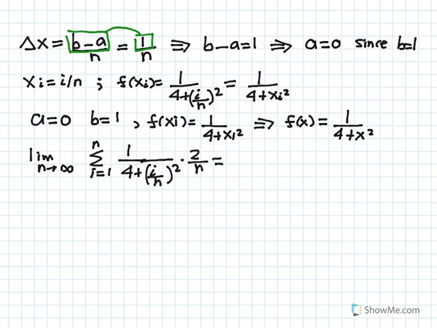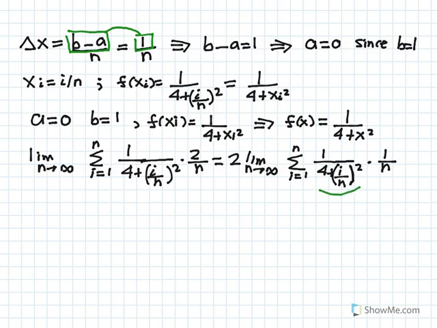If we factor out the 2, we get 2 times the limit as n goes to infinity, i goes from 1 to n, of 1 over 4 plus (i over n) squared times 1 over n. It's clear that this part is f of xi, the functional values. This part is the real delta x, and that's the reason for factoring out the 2 and putting it into the front.